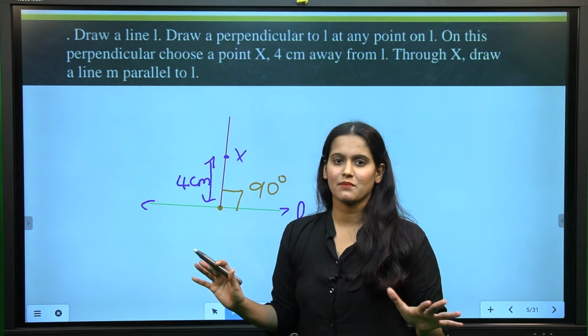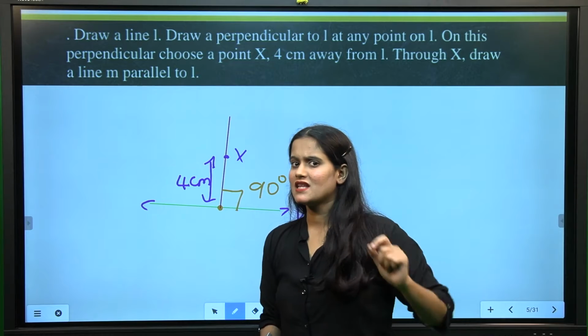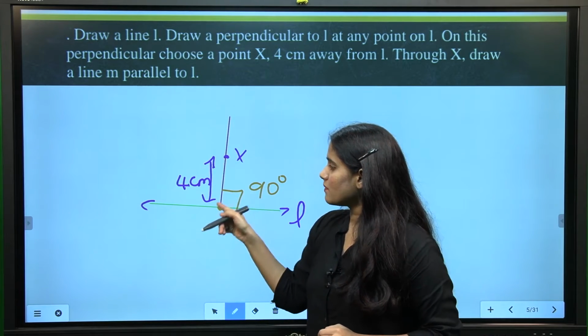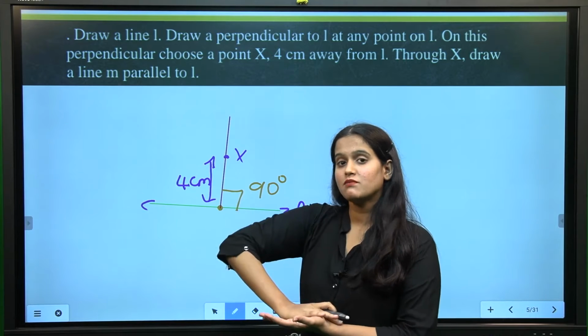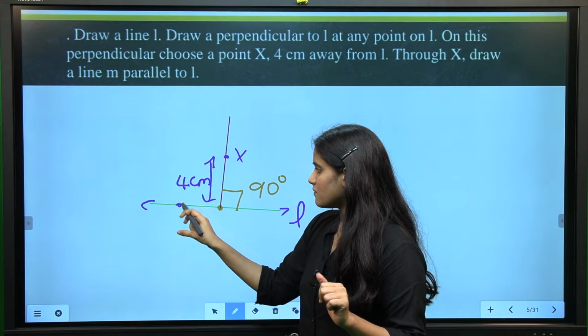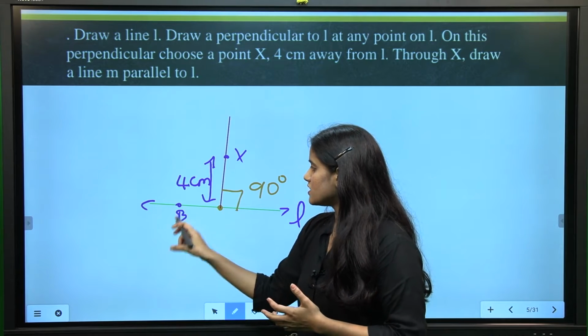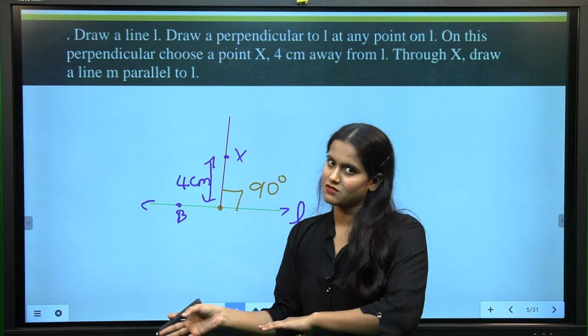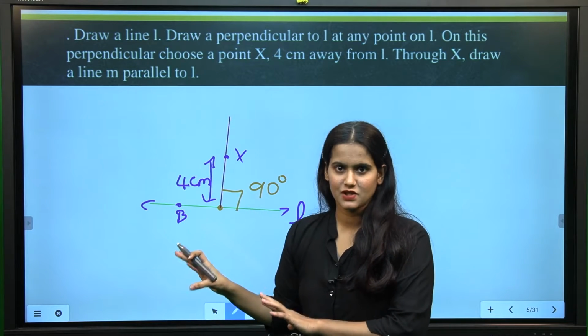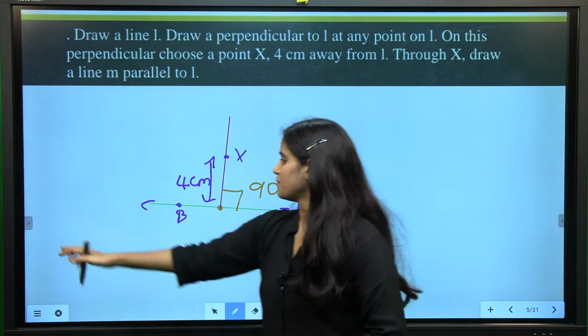The same step. Only thing is, previously I randomly kept the point, but here the point should be on the perpendicular line, that too 4 cm away from the line. So again draw the point B here. So just connect it, the same step which we did previously. Only thing is, up to here you need to know it. So let's do the construction step by step.